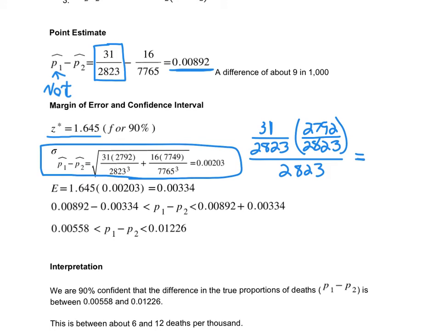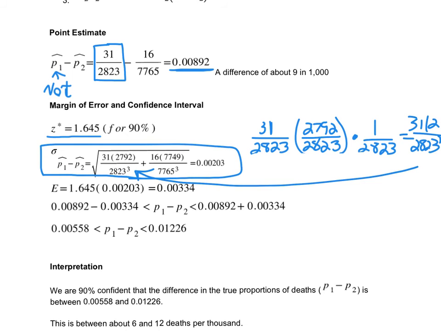If I algebraically change this a little bit by, instead of dividing by 2823, I multiply by 1 over 2823, I end up with 1 over 2823, which gives us the following. And you can see that is 31 times 2792 over 2823 times itself 3 times in the denominator. Sorry, that's not coming out very well, but that's why that's written there.